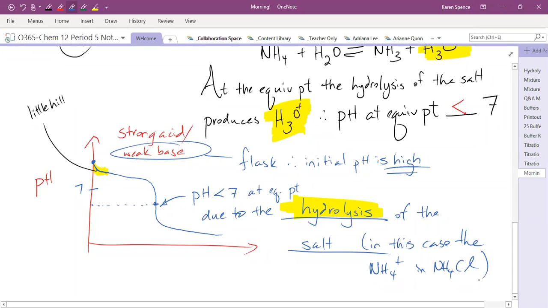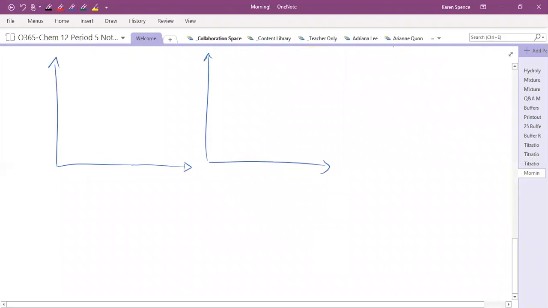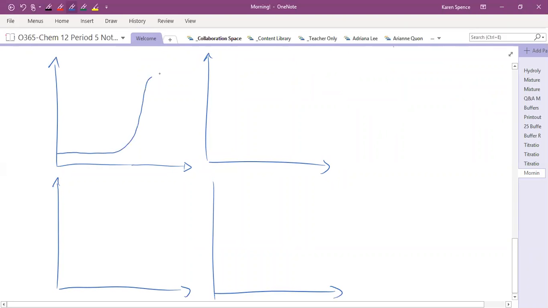So if we were to summarize our 4 curves, we would have one that looks like this. We would have one that looks like this.